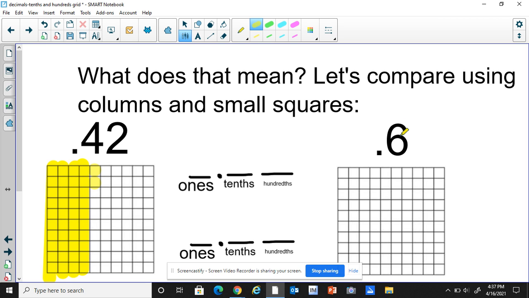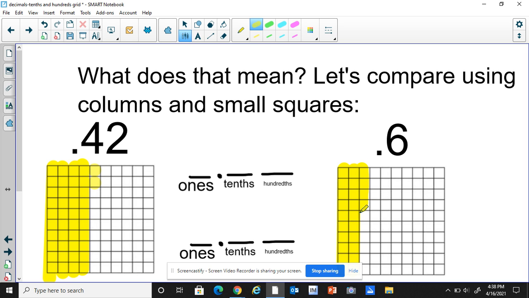Now, let's look at 6 tenths. How would you shade in 6 tenths there? That 6 is 0.6. It's sitting in the tenths place. A tenth is a whole column here. Now, look at this. 1, 2, 3, 4, 5, 6, 7, 8, 9, 10. 10 tenths is the whole 100. So each of these columns is one of the tenths.